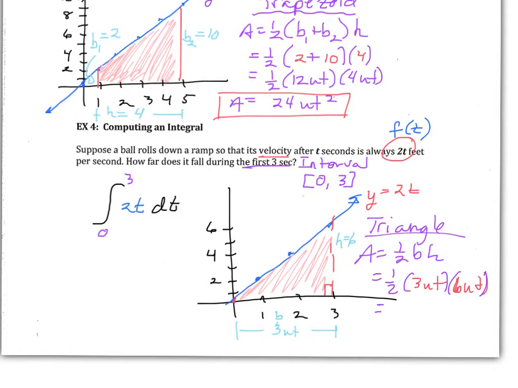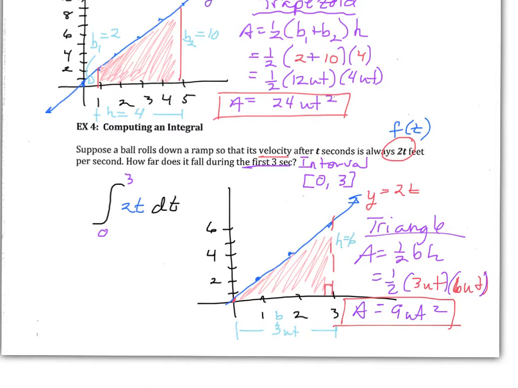And so we get 9 units squared. So it's the same exact thing, but our interval changed, which changed the shape of that figure from a trapezoid to a triangle.